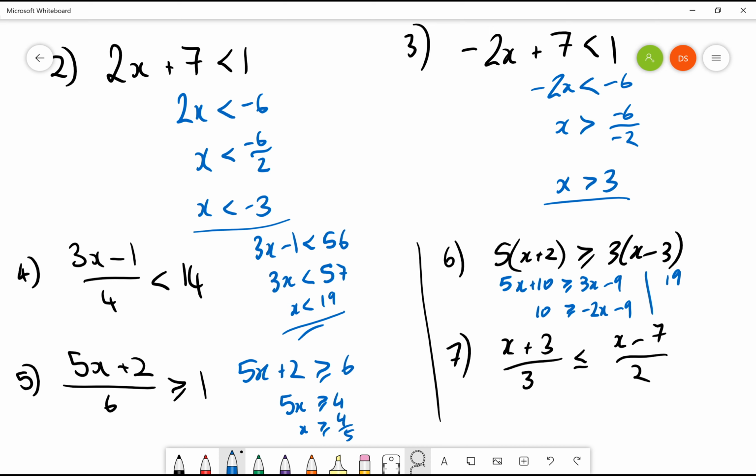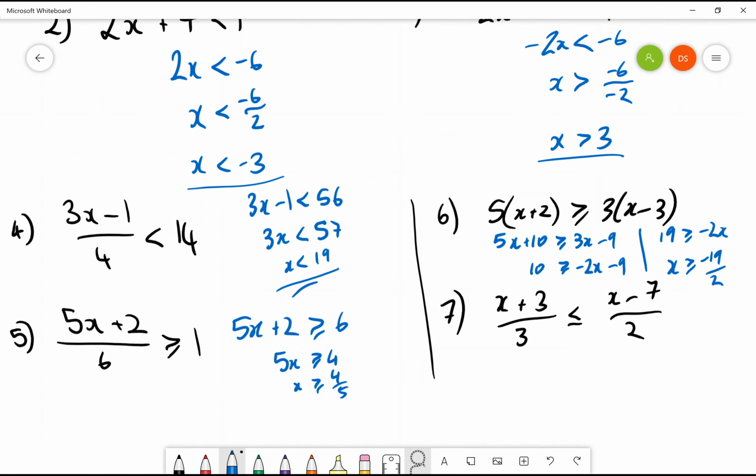So 19 is greater than, and then when I divide by negative 2, I'll flip the sign, and so it will be greater or equal to negative 19 over 2. Yeah, some of you may have just subtracted 2x from this side, which probably would have been a bit smarter. Sorry, I didn't see that.